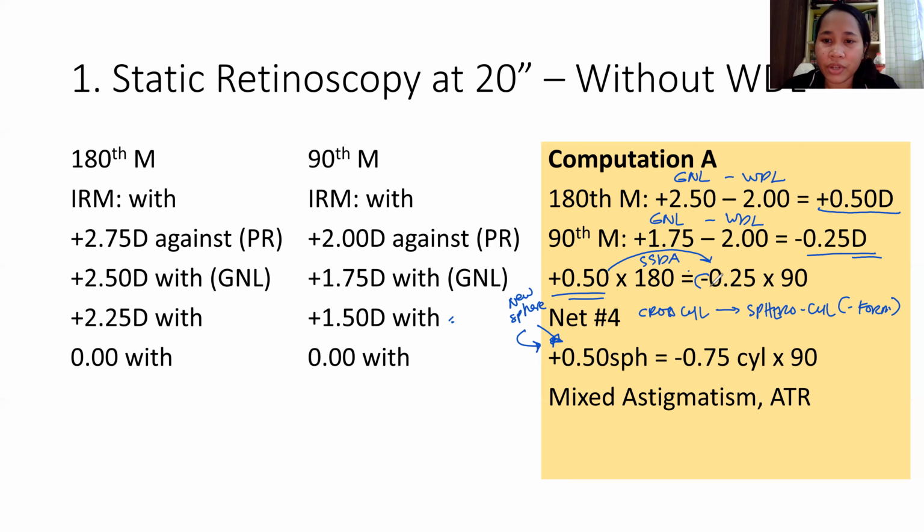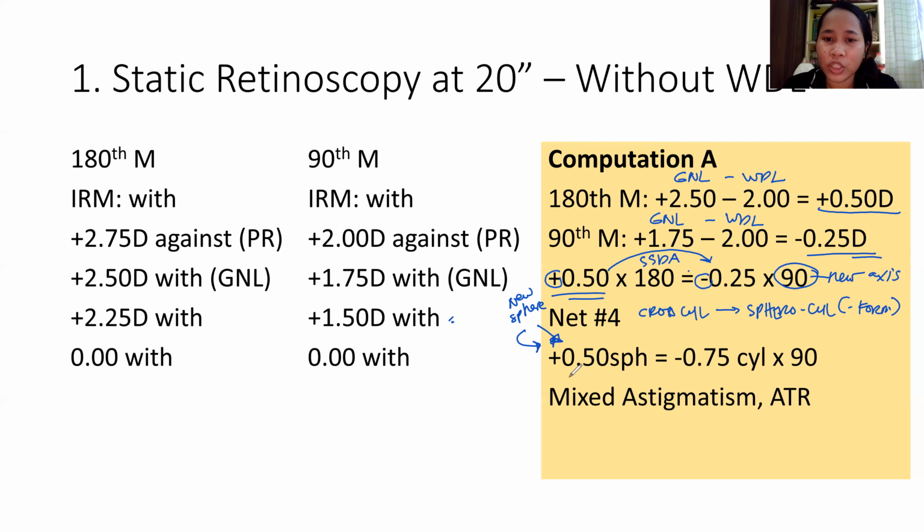So they have a different sign. So 50 and 25 will result to 0.75, and then you put a negative sign. So your axis, you will be using the axis of the unused sphere. So this will be your new axis.